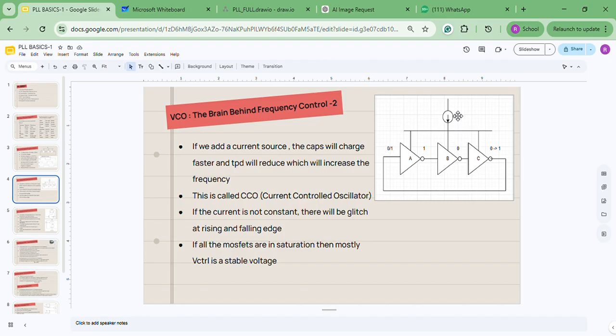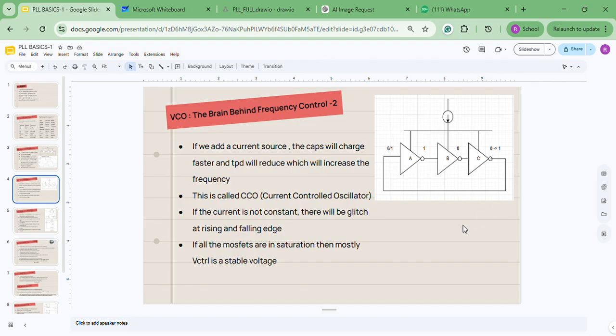So in this case, since we have added a current source, it will not only reduce the charging time to charge the caps and oscillate, but also increase the frequency. How?